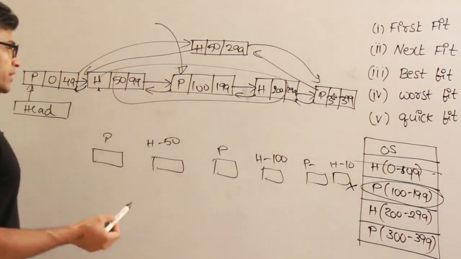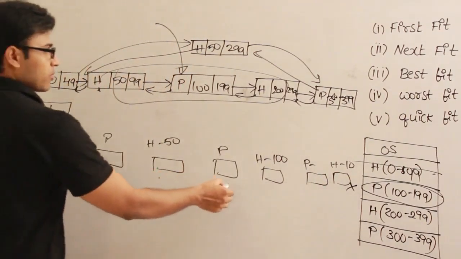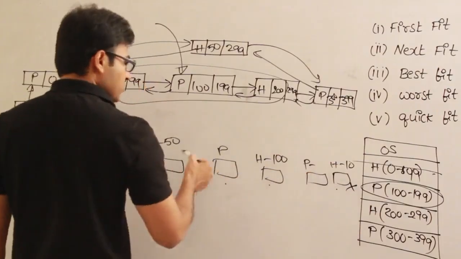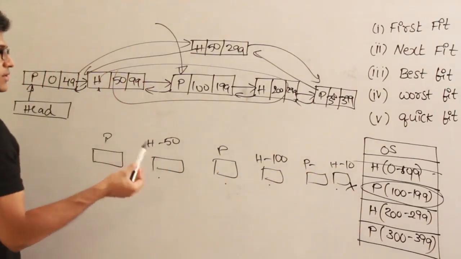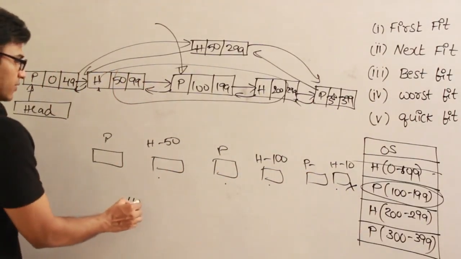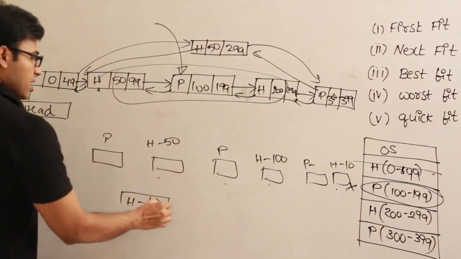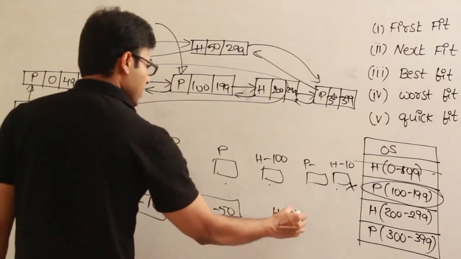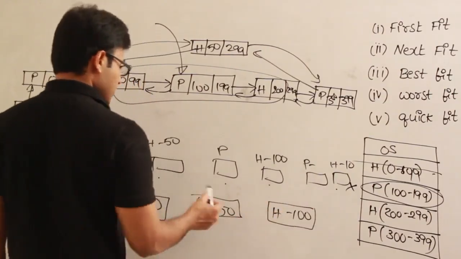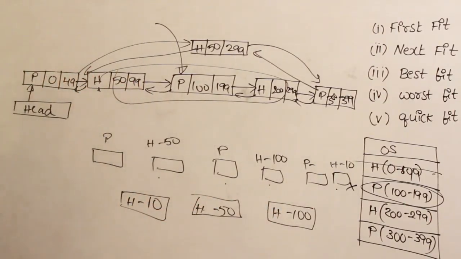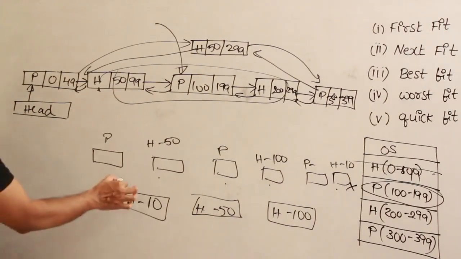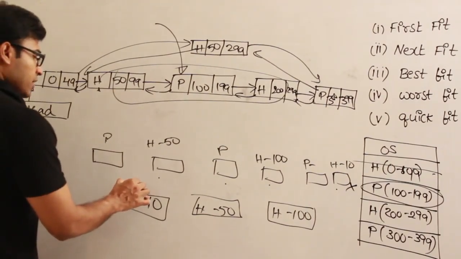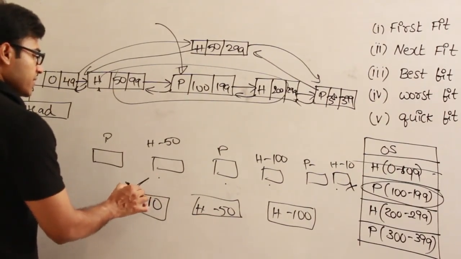Now what we could do is separate out the holes from the processes, and these holes could be sorted in the increasing order of their sizes, which means the hole with capacity 10 will come first, then the hole with capacity 50, and then the hole with capacity 100. If I do this kind of sorting and now search this list for the smallest fit possible, the best fit possible, here the first fit is going to act as the best fit.